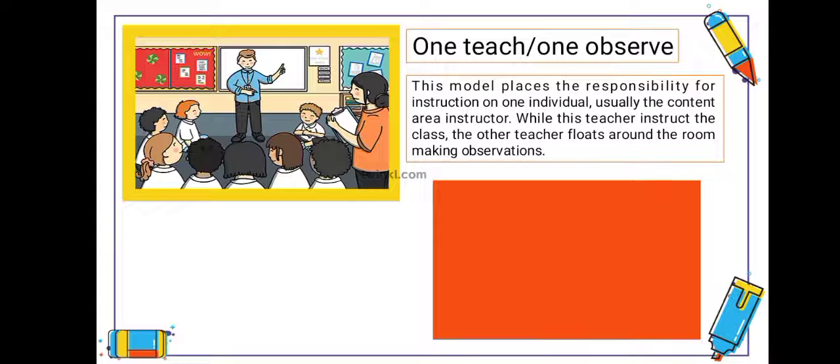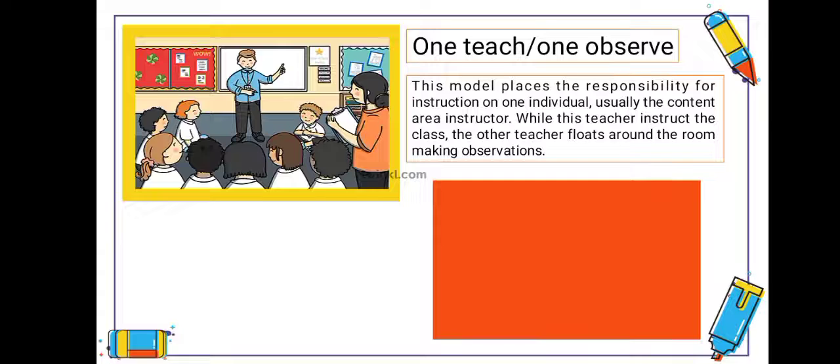So, in this model, the first teacher has the responsibility of delivering instruction to the whole class while the second teacher is floating around the classroom, observing the behaviors of each learner.